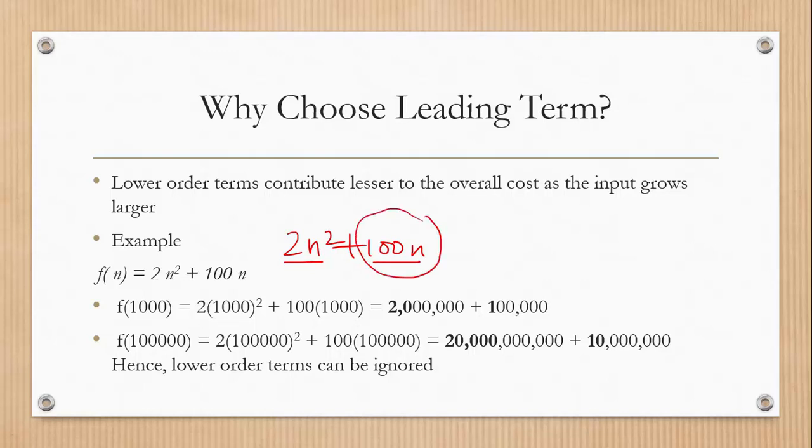You can see we have taken the value of n equal to 1000, and here we have taken the value of n equal to 1 lakh. From the calculations we can easily determine that the leading term is the dominant term in the answer in both cases, so we can ignore the lower order terms.